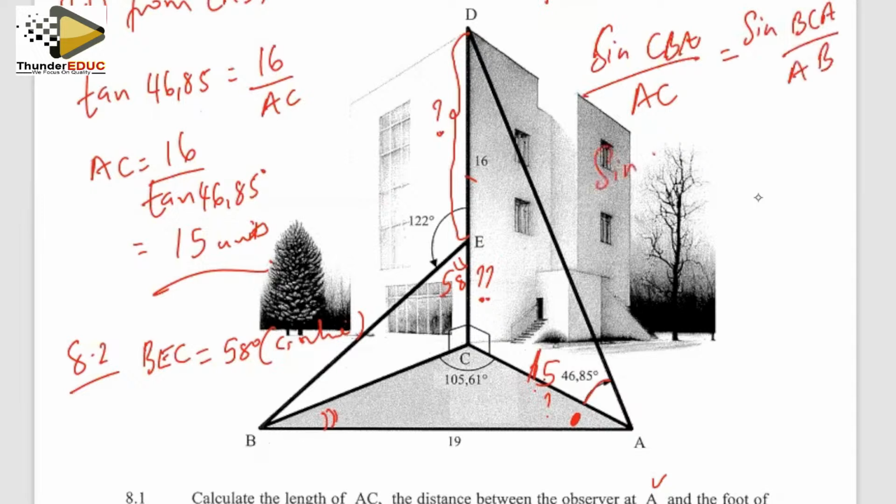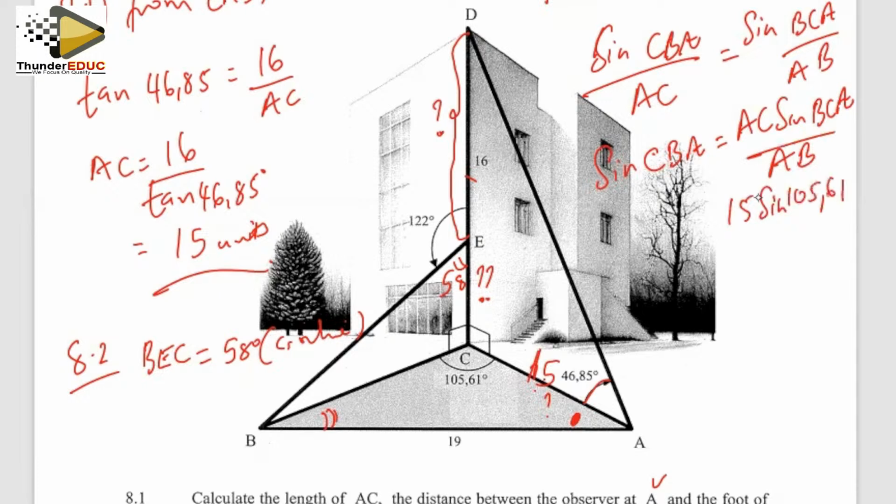Which means the sine of CBA, or ABC, should be AC times the sine of BCA over AB. My AC is 15. We're saying the sine of 105,61 over AB, which is 19. For me to get my CBA, I'm going to use the arc sine.